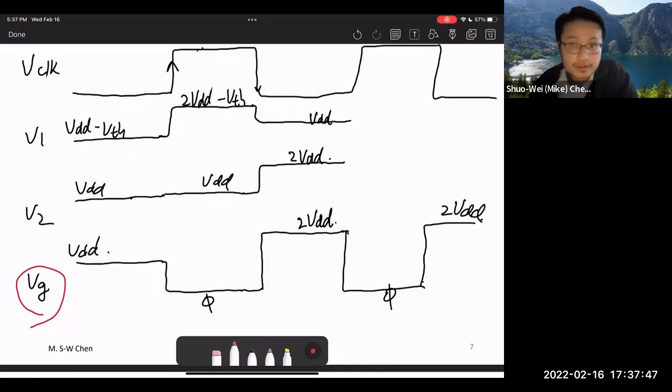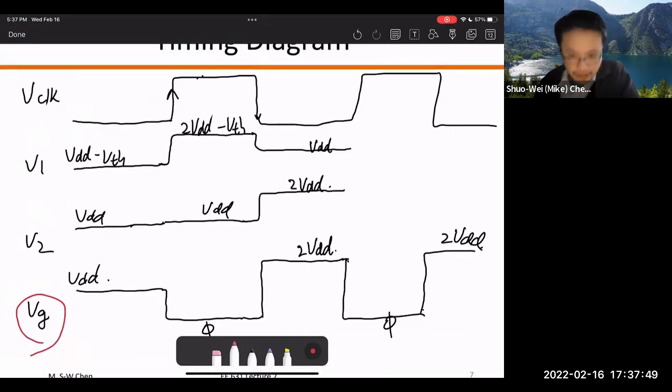Instead of 0 to VDD, now you create a clock that is 0 to twice VDD. Of course, the clock phase is inverted, if you notice. So when the clock is high, now it becomes low, but it's okay. The key point is to maintain that swing that you wanted, even though the phase is off by half a clock period. That one is fine.